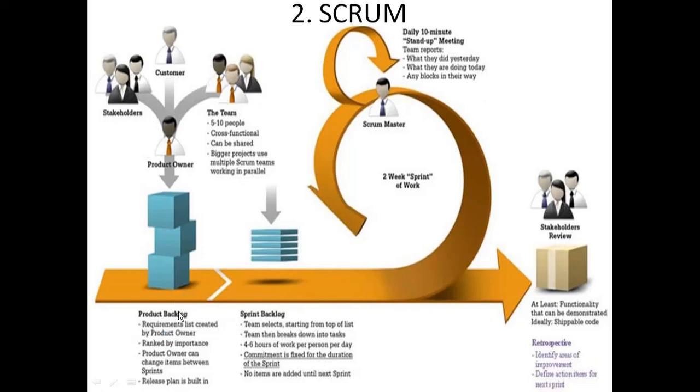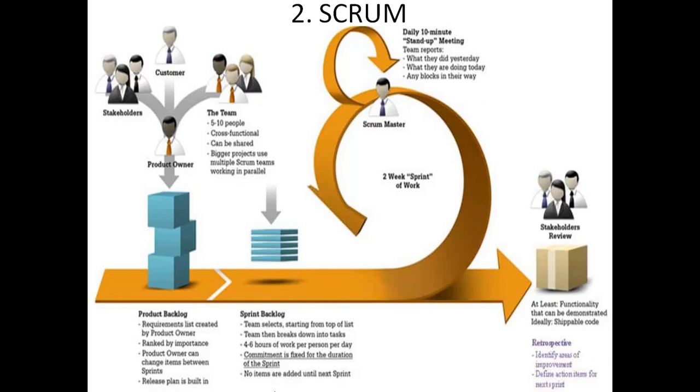So product backlog is nothing but all the requirements. If there are some changes, these requirements are listed in the product backlog, and the changes are handled by the sprint backlog, in which the team divides the problem again into different categories or components, and each component is handled by a different team of the development teams.